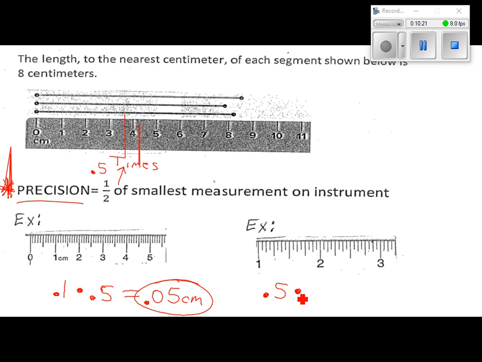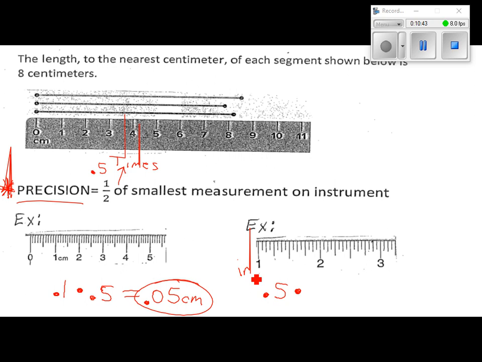Remember, we talked about this earlier this year: if you're dealing with inches, a ruler with inches on it is always split up into what? It's either got to be halves, fourths, eighths, sixteenths. That's the normal one, sixteenths.